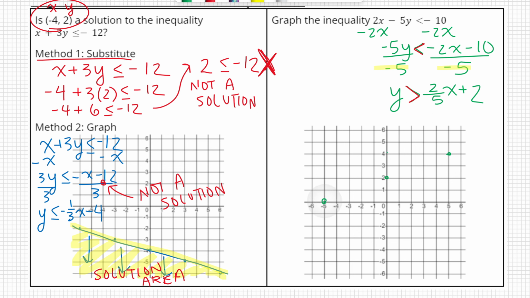The reason why we drew in a dashed line is because we have a greater than symbol instead of a greater than or equal to symbol. So here's my solution area. Any points inside this shaded area are a solution to the inequality. Anything on the line, not a solution. Anything below the line, not.